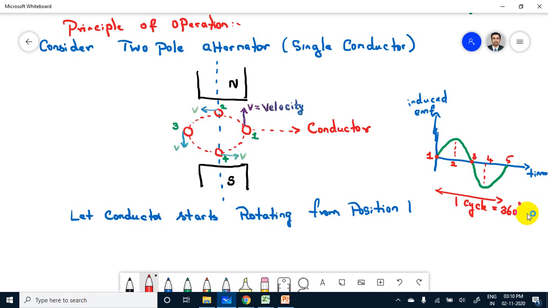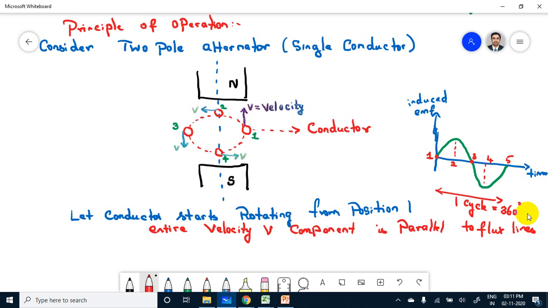At position 1, the entire velocity component, v, is parallel to the flux lines.